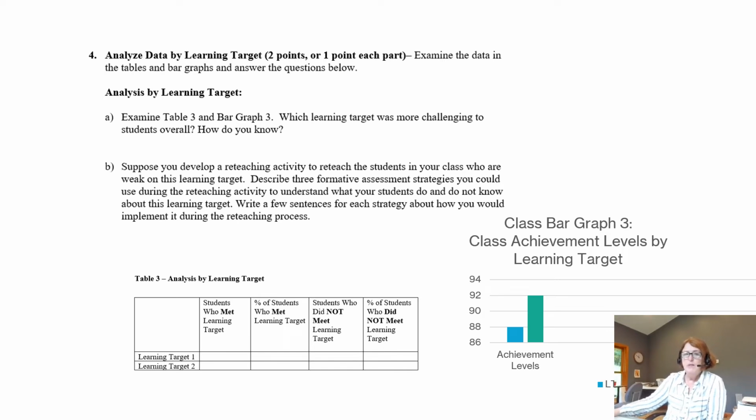And write a few sentences about each strategy. We've covered lots of formative assessment strategies in class, so pick out 3 that you like and you think might go well with this lesson, and describe how you would reteach it and then what the 3 formative assessment strategies are and how you would use them.